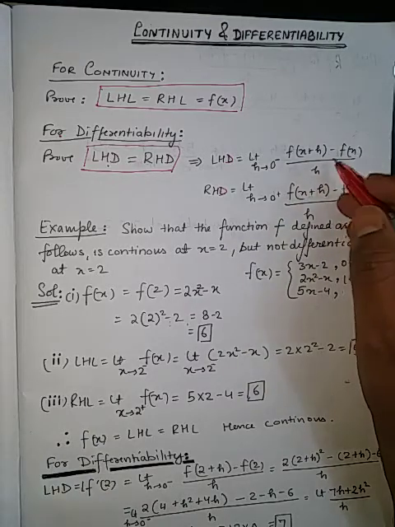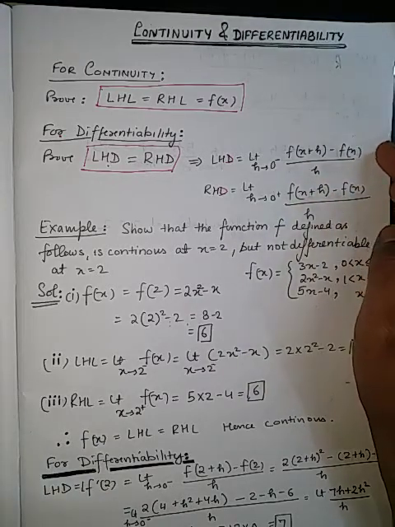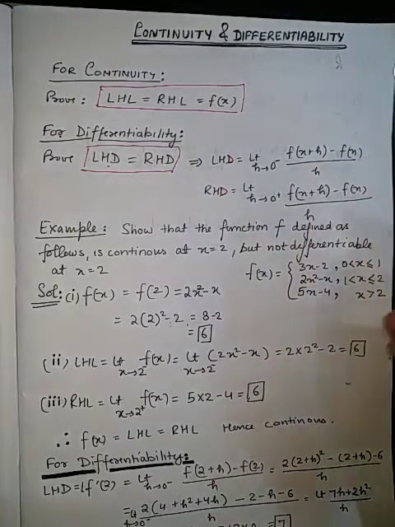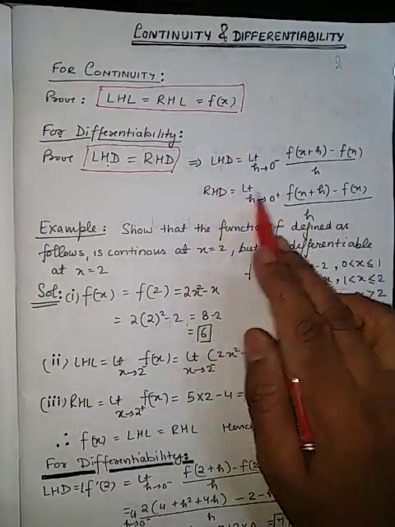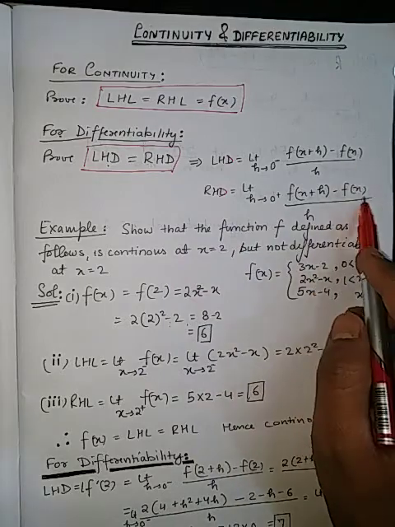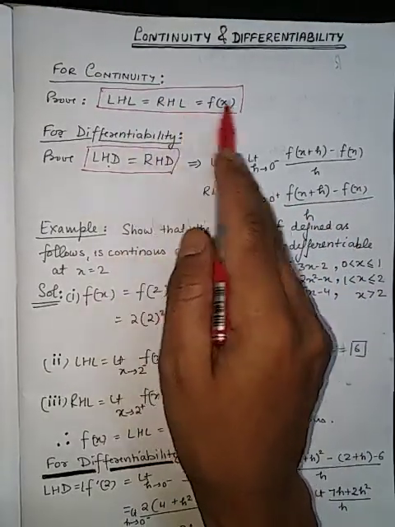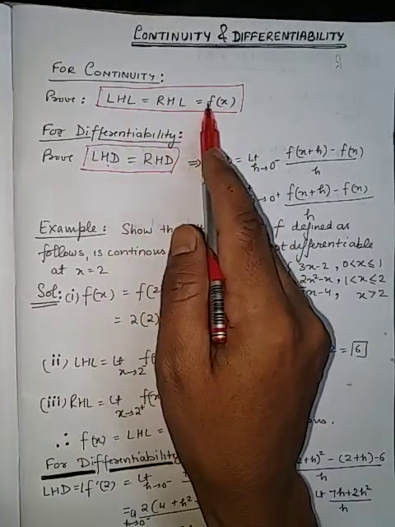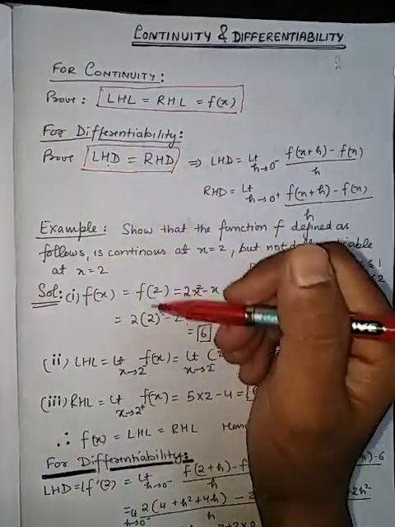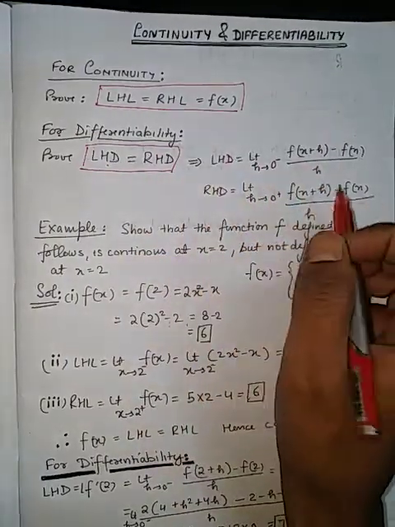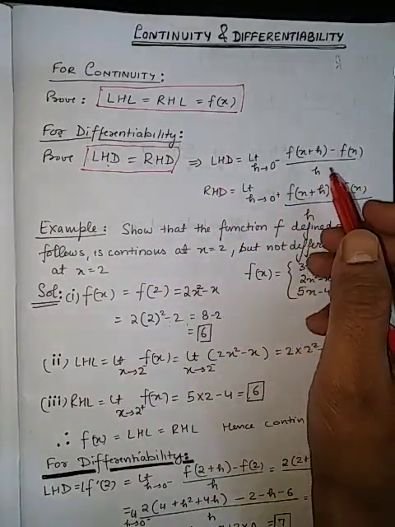After finding out the value, whatever value is coming, that value should also be equal to the right hand derivative. If they are equal, it is differentiable at that particular point. How to put the limit we will discuss in the question. For differentiability, you have to take out the derivative with this formula. If they are equal, they are differentiable.